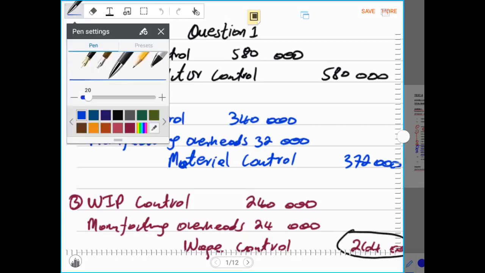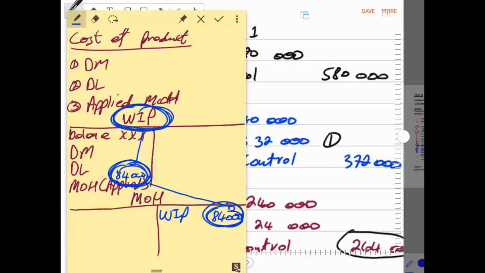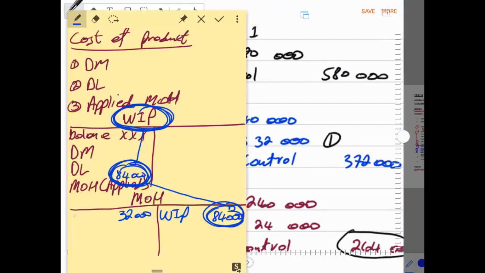Entry number 2 informed us that there was a manufacturing overhead that was debited, and that was 32,000 rands, meaning on the debit side of the manufacturing overheads there was supposed to be 32,000 rands, and that 32,000 rands could have been recorded, and the contra entry of that would have been material control, because that was from material. I'm not doing ledger account, but I just want to simplify this from a ledger account perspective.